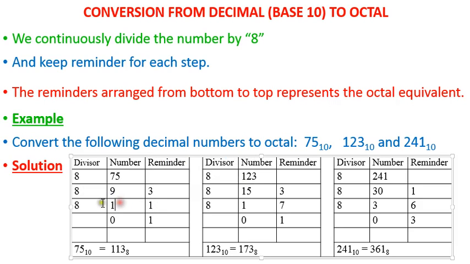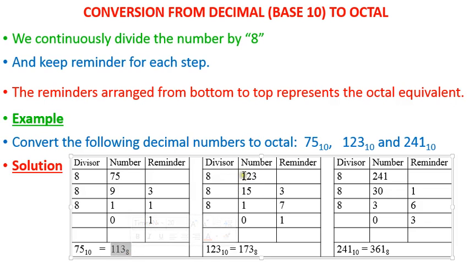Then the 1 divided by 8, we know 8 cannot enter, we put 0 here, but the remainder of the 1 itself, we put it here. As usual, we arrange them from the bottom to the top. Therefore I have 1 1 3. Therefore my 75 base 10 is equivalent to 113 base 8.